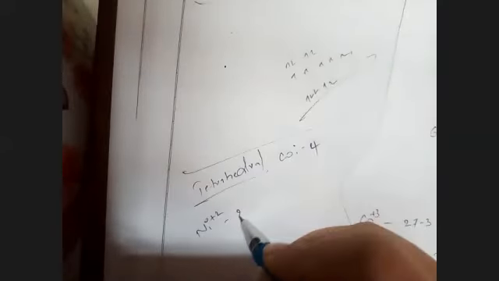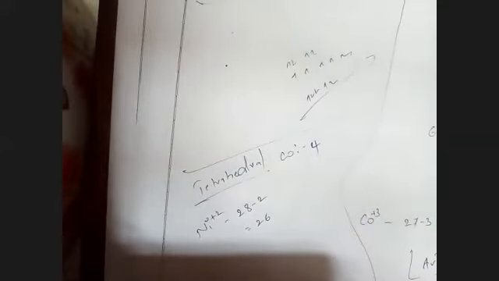Nickel plus 2. Nickel's atomic number is 28. Plus 2 means it loses 2 electrons, so 28 minus 2 is equal to 26. Write the electronic configuration for 26.